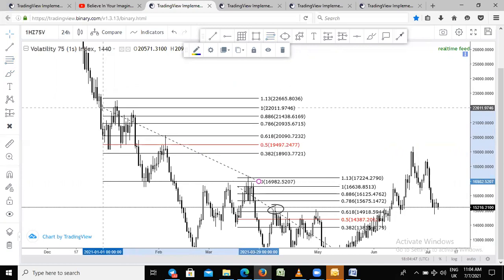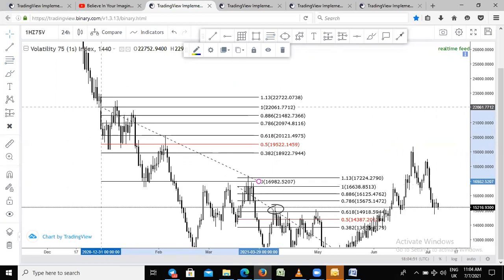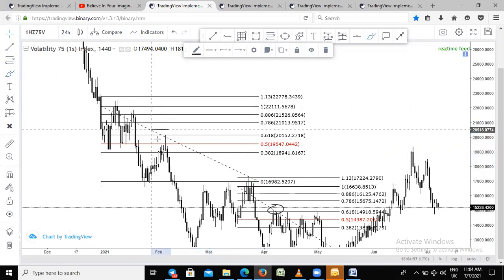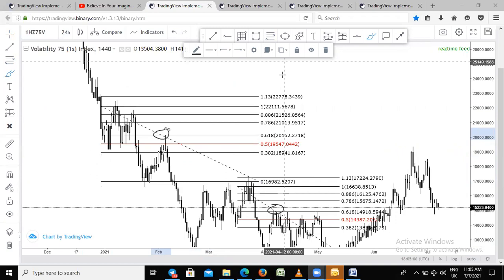Are you seeing the body to body? We have to be careful so that it will reach the body. Exactly. Good. You can see 618. You seeing that, right?